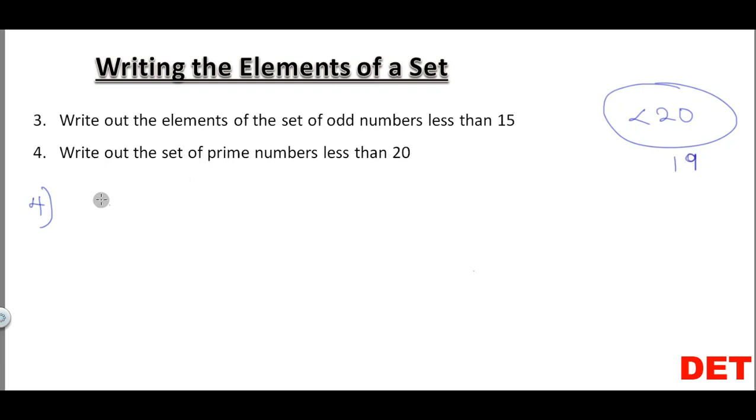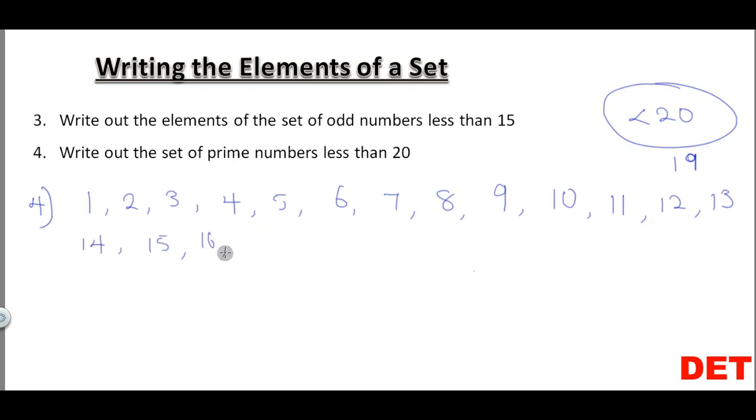So the numbers from 1 to 19 will be 1, 2, 3, 4, 5, 6, 7, 8, 9, 10, 11, 12, 13, 14, 15, 16, 17, 18, and what? And 19. All right. So the question again is to write out the set of prime numbers less than 20.